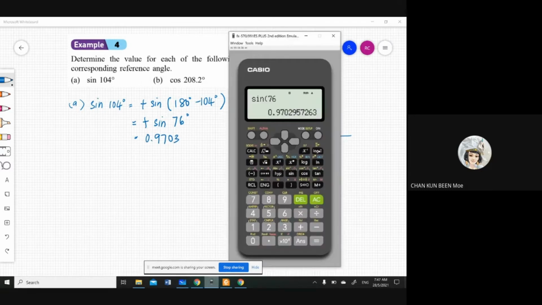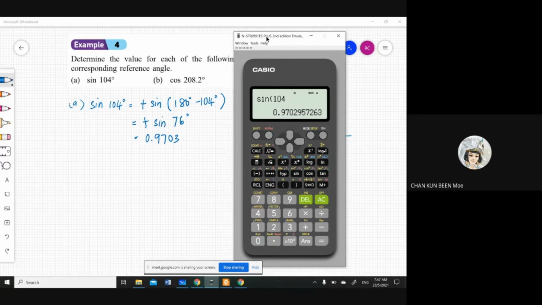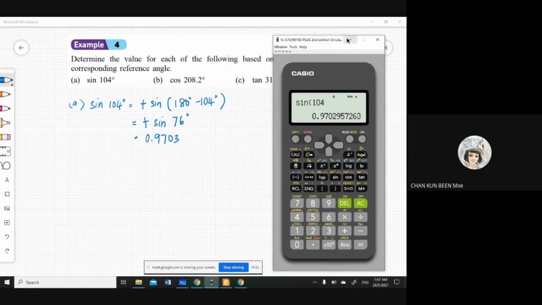Now, that is sine 76. So you can also press sine 104, that is the question here, and then you see how much it is. It's the same, right? So sine 104 is equal to sine 76. The value is the same. Okay? So we move on now.